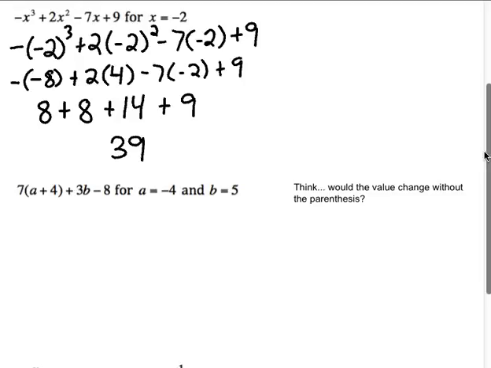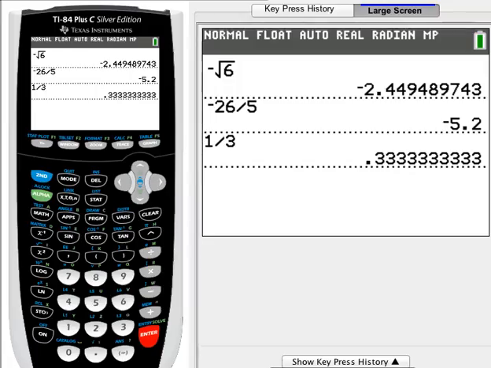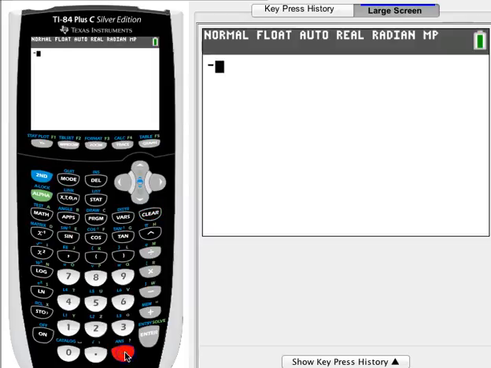Now, if you have a graphing calculator, you can actually type that in, and if you're very careful about it, you can actually get to that answer, all right? So let me show you. So here, if I do negative of (-2) cubed, oh, I'm sorry, didn't get that first parenthesis.